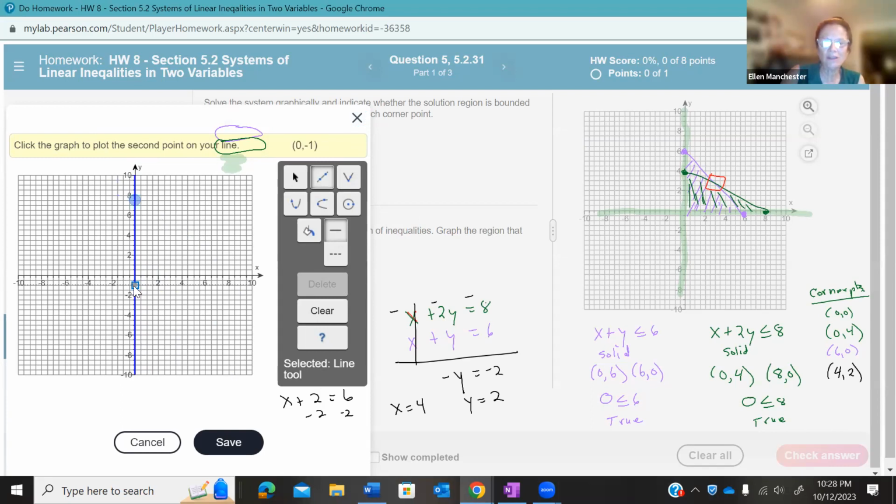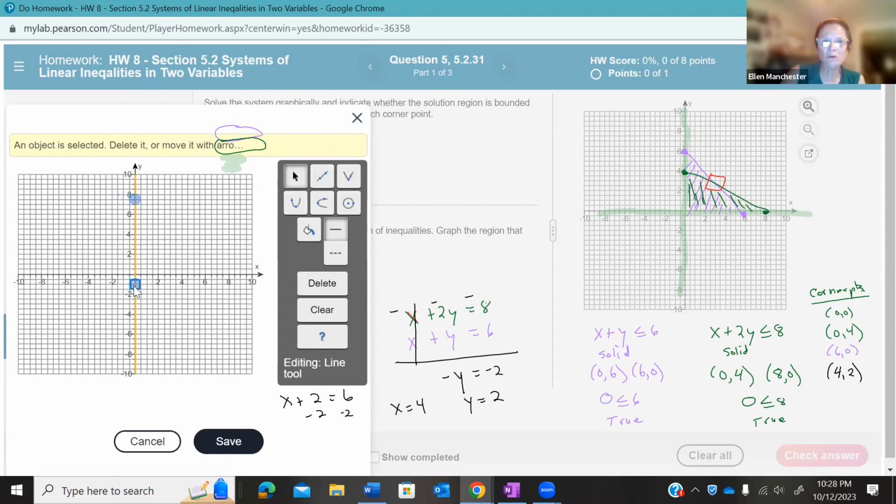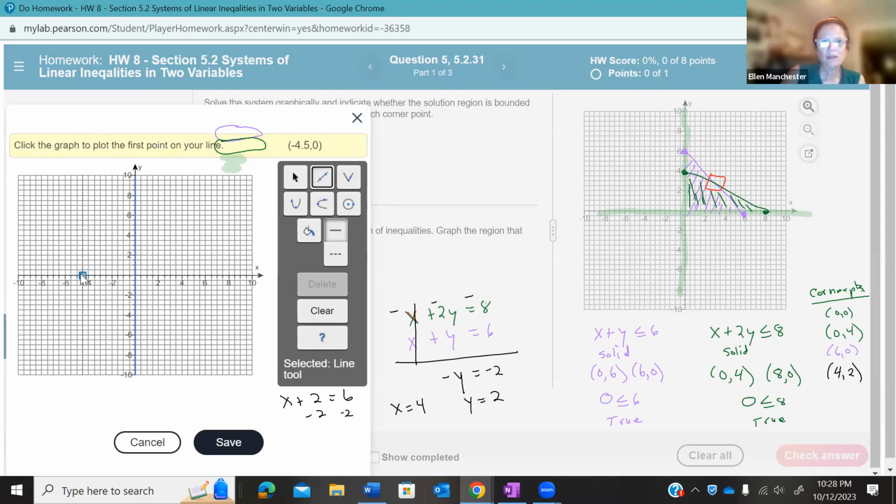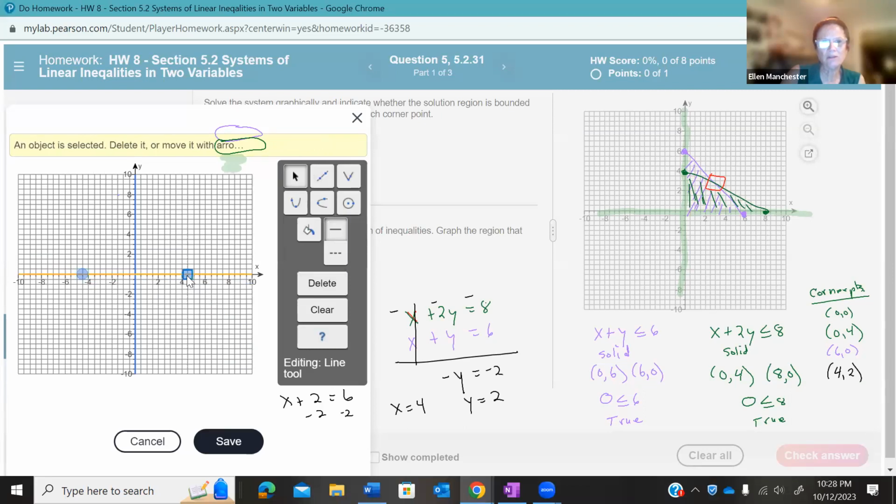Again, notice in the yellow, it gives me the coordinates. The line is orange, so I want to click again. Now it's set. I pick up the tool. I make sure it's on the y is 0, doesn't matter where. I have my restrictions.